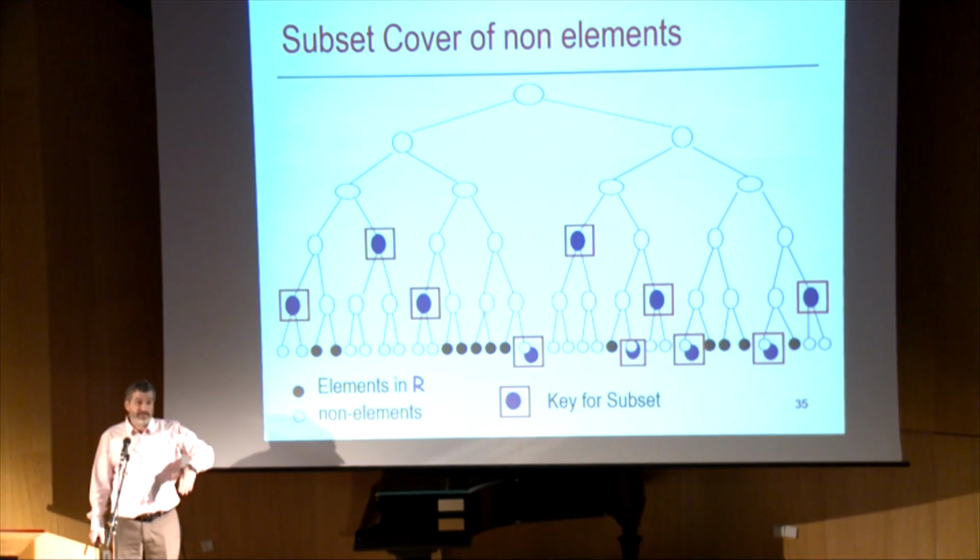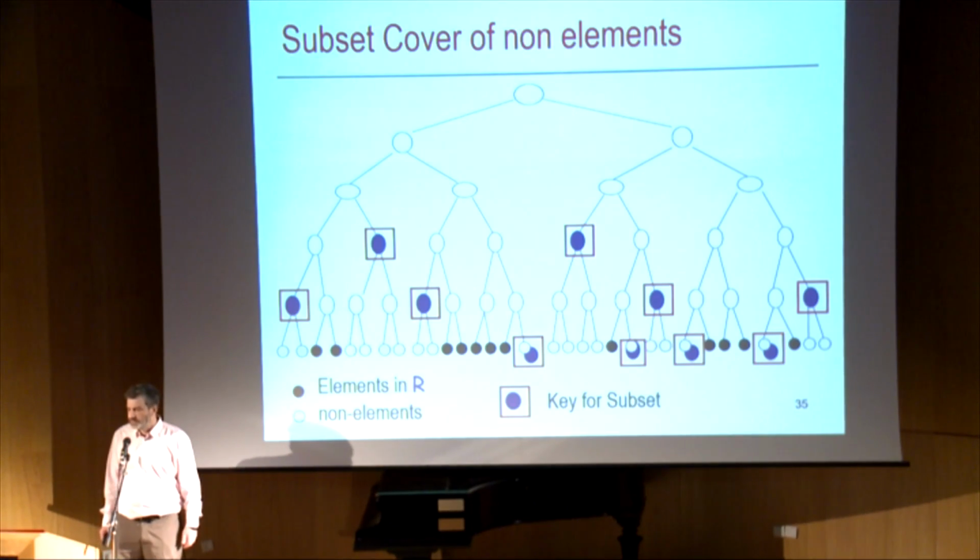IBE and HIBE are supposed to be resilient exactly to such attacks. You give people their secret keys, and yet they cannot learn any other secret key that you didn't give them. Signatures would be fine as well.